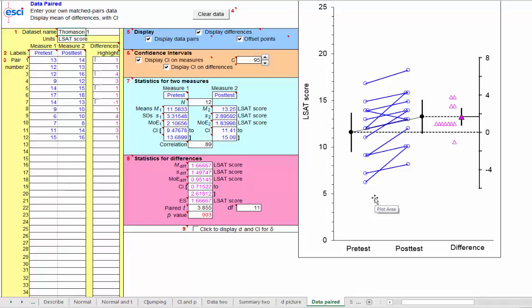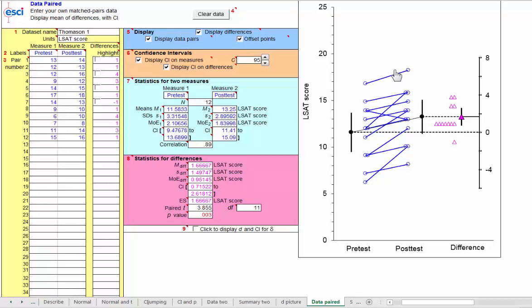Another way of saying the same thing is that if there's a high correlation between pre-tests and post-tests, well, we're not up to correlation yet, that's in Chapter 11, but broadly it refers to the situation where those students who score high on pre-test tend to score high on post-test. Those who score low on pre-test tend to score low on post-test.